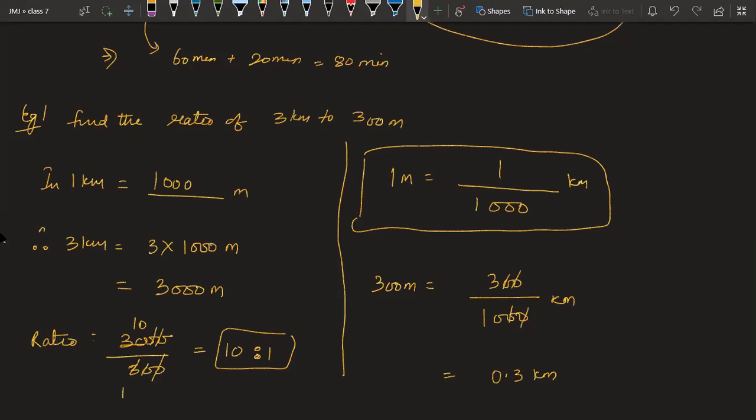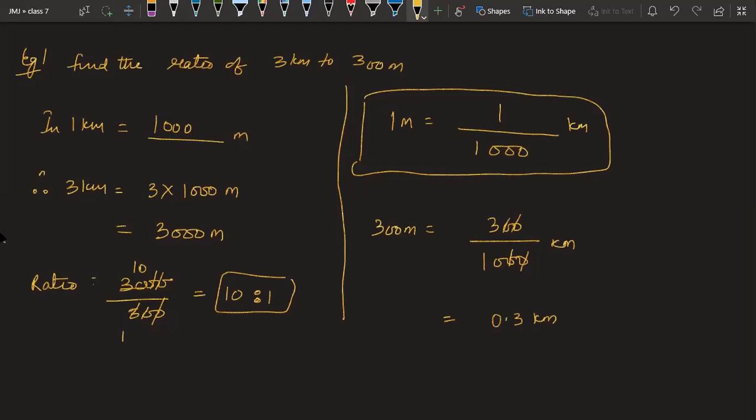Now we have to find the ratio. The ratio will be given by 3 upon 0.3. Now if you remove this decimal, 10 will come in the numerator, 3 and 3 will cancel, and the answer will be 10 is to 1.